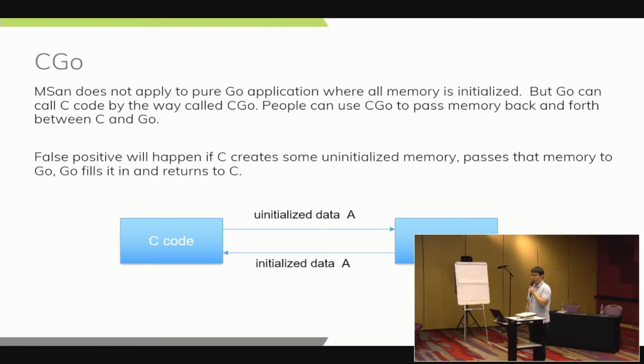So a false positive report will be reported. To avoid these false positive reports, we need to instrument MSan in Go.